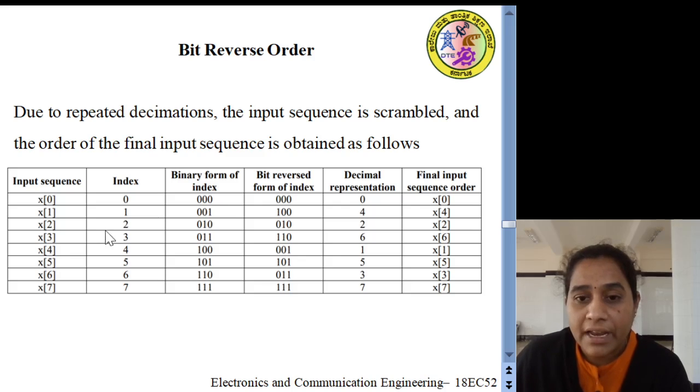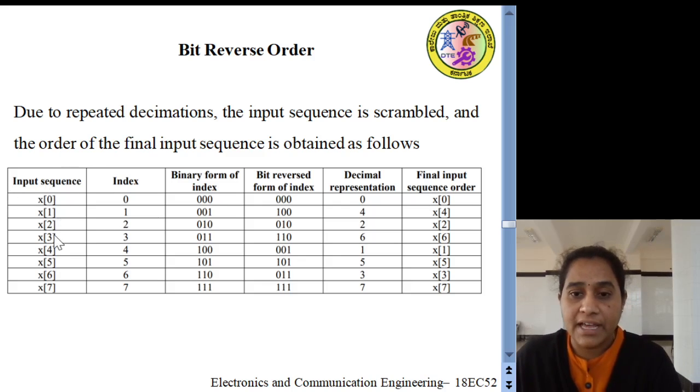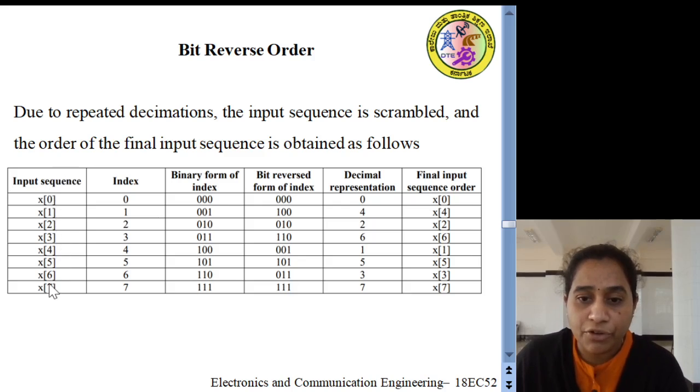So we can observe here the input sequence x of 0, x of 1, x of 2 up to x of 7. So the index of this input sequence is 0, 1, 2, 3, 4, 5, 6 and 7.